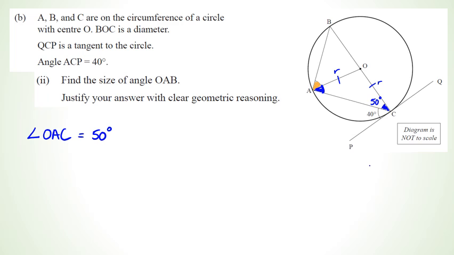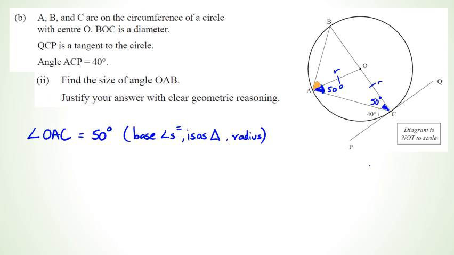So we can say that angle OAC is equal to 50 degrees. So this part here is 50 degrees, and that's because we have base angles which form an isosceles triangle, and base angles are equal because of an isosceles triangle where you have a radius involved in it.